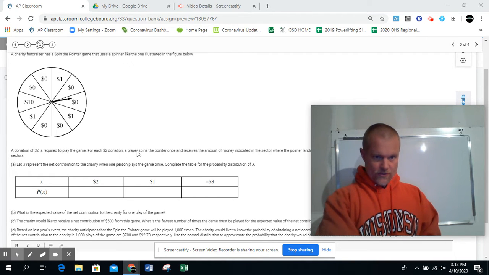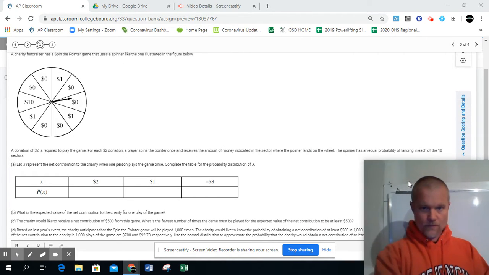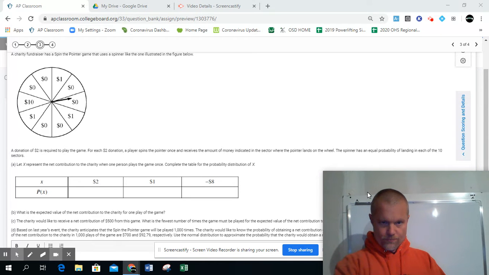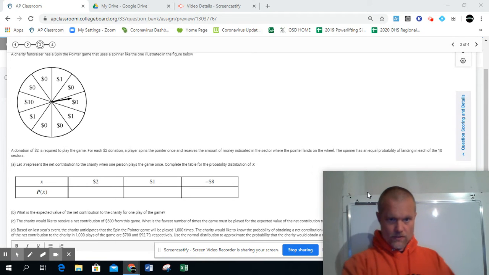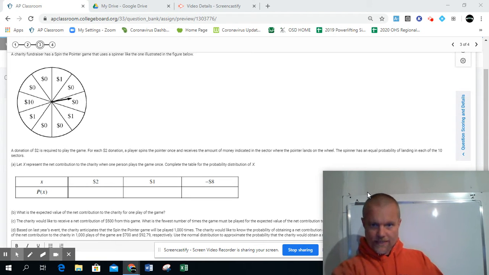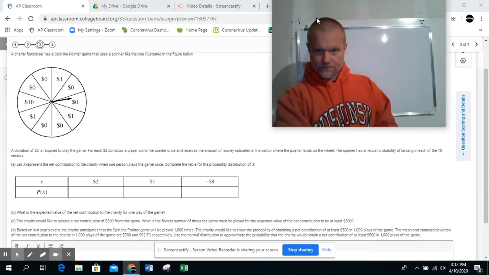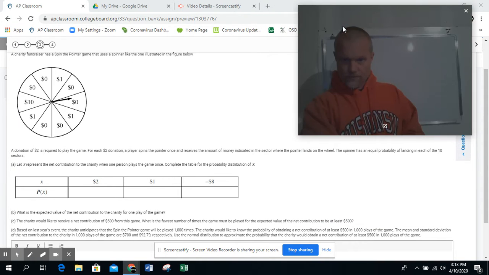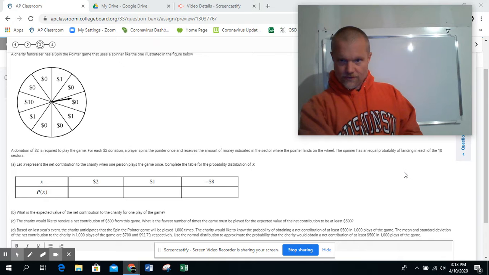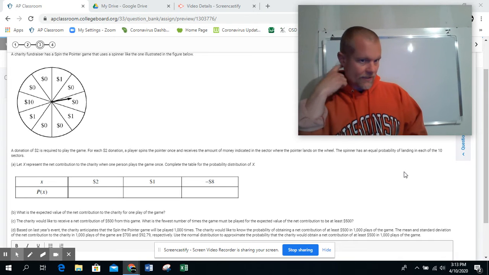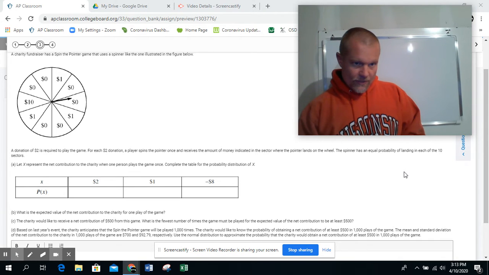For each $2 donation, the player spins it once to receive the amount of money indicated in the sector that lands on the wheel. The spinner has an equal probability of landing on all 10 sectors. Represent the net contribution to the charity when a player plays the game once.